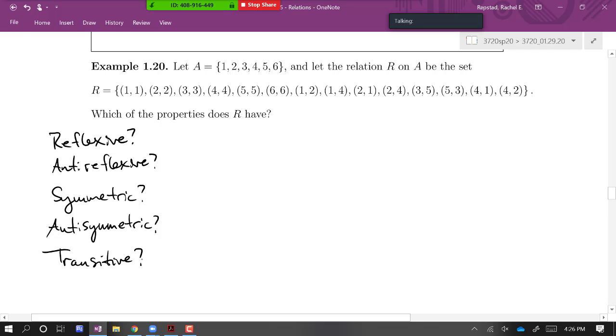It's reflexive, isn't it? It is, and what tells us that it's reflexive? Because A is 1 through 6, and the y coordinate is also 1 through 6. Well, so we see 1 through 6 represented as outputs. I kind of cut off the last half in my brain, like the last half of the R. What is it that we're looking for in the set of ordered pairs they give us in the relation?